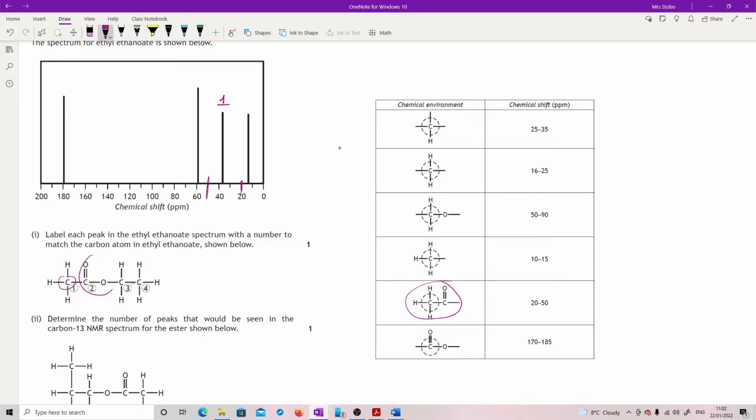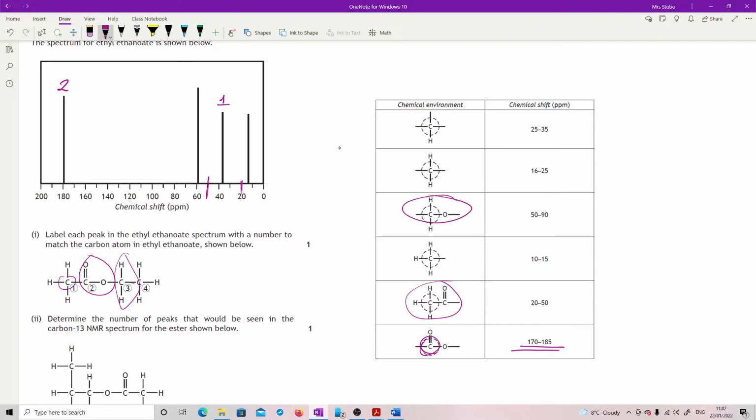Okay, carbon 2 is the carbon at C double bond O. Find this one, here it is here. I am looking for a shift between 170 and 185, so here's my carbon 2 shift. And my carbon 3 is a carbon with 2 hydrogens attached to a carbon and attached to an oxygen. This looks like this.